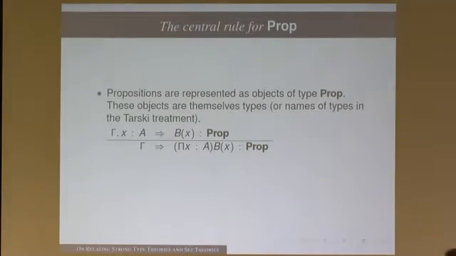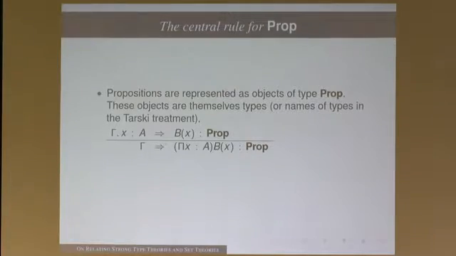If you view this set theoretically, this could be any set A here, and then you have basically a function going from A into the union of the B(x)'s, and then you say this dependent product, the set of all functions with domain A such that for x in A, f(x) is in B(x), is an element of Prop.